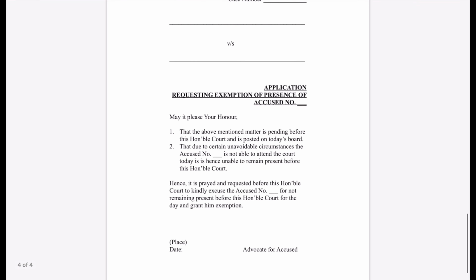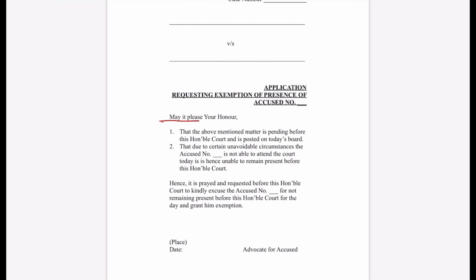So this needs to be crystal clear. It should be clearly mentioned which accused you are appearing for, or for whom this application is being submitted.